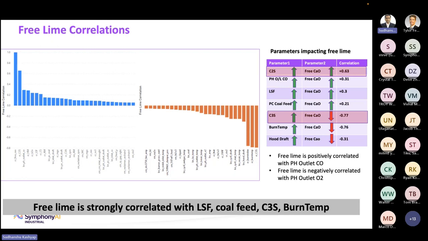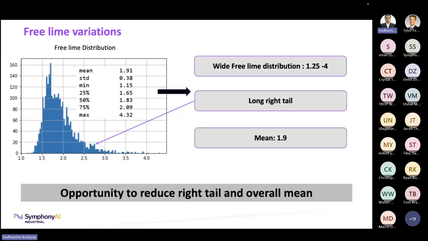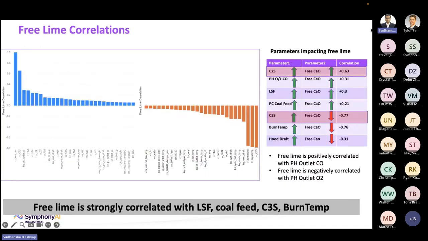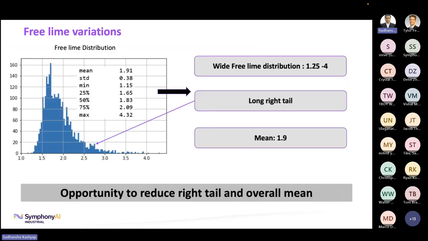So when tricalcium silicate goes up, free lime comes down. Other parameters like lime saturation factor and burn temperature also have very heavy correlation with free lime. So there are many process parameters which impact and are closely related to free lime, so we could control them to have better control over it.